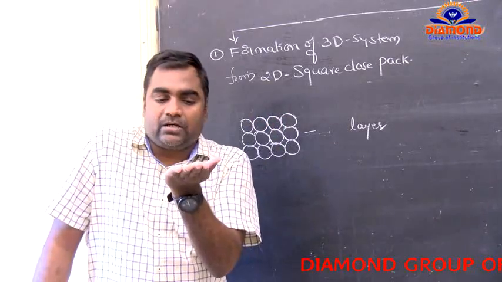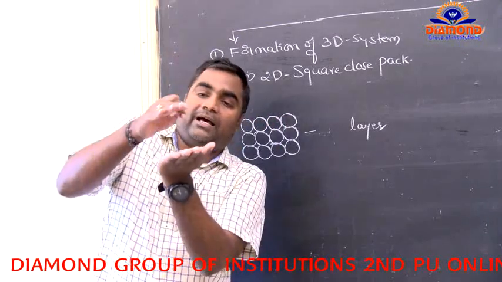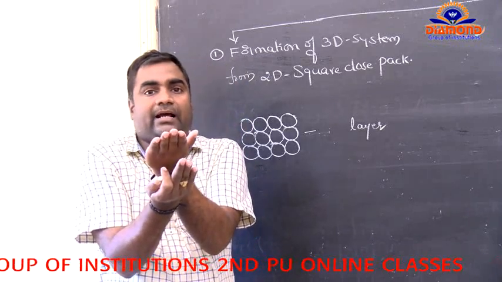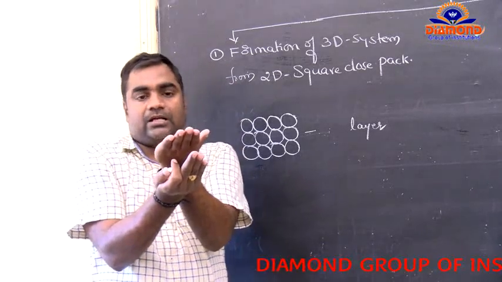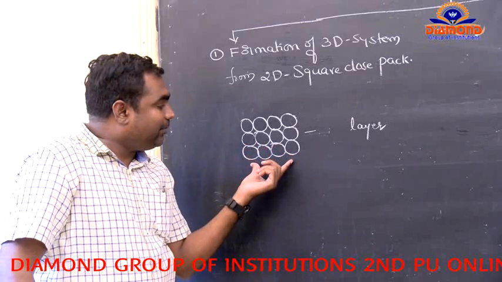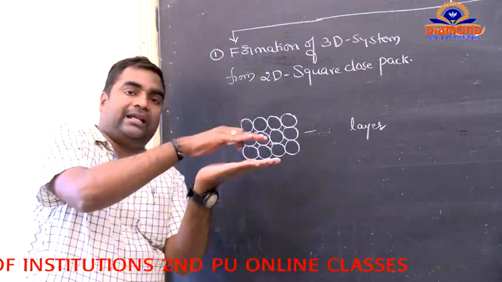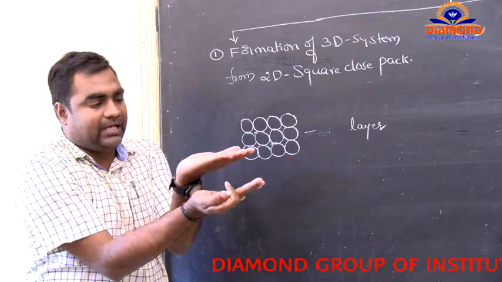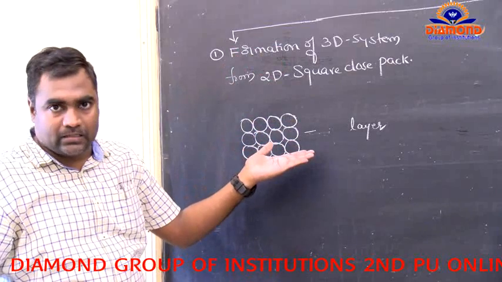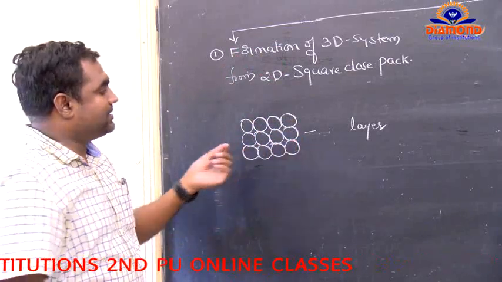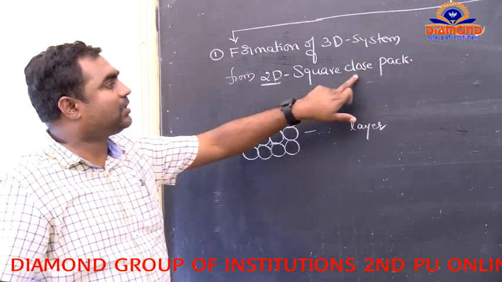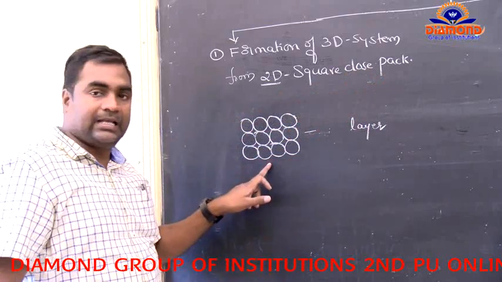So sandwich means here is one layer, another layer above it, and another layer below it. In the same way, here is the middle layer. Above this middle layer we get one layer, and below we get another layer, which belongs to our 3D arrangement. If we consider the 2D square close packed system, this is the layer.